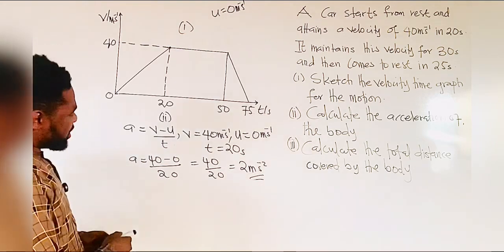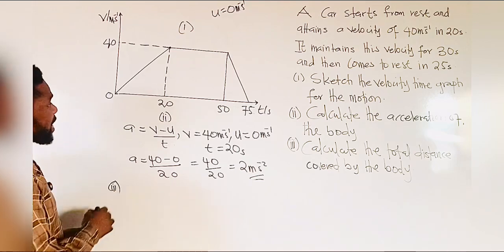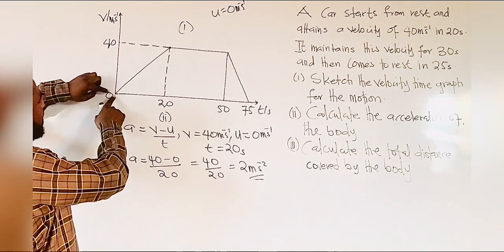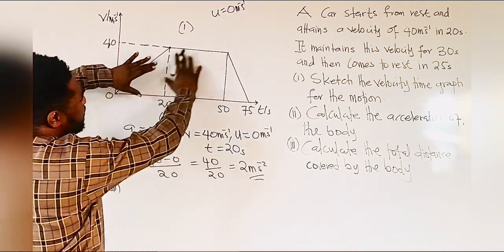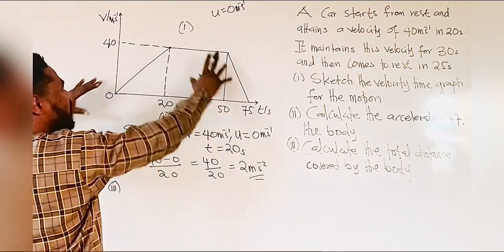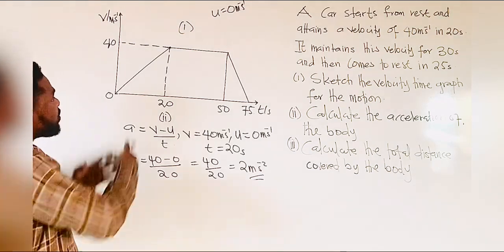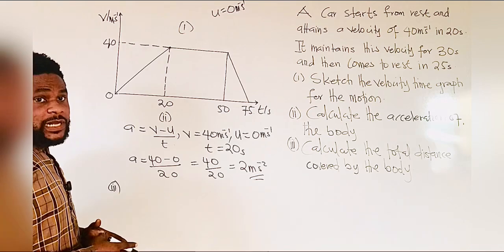Let us look at the total distance covered. Now the total distance that we can see here is from the origin up to the 75, and it covers a part where we can look at this diagram as a trapezium. So we say total distance covered is equal to the area covered by the trapezium.